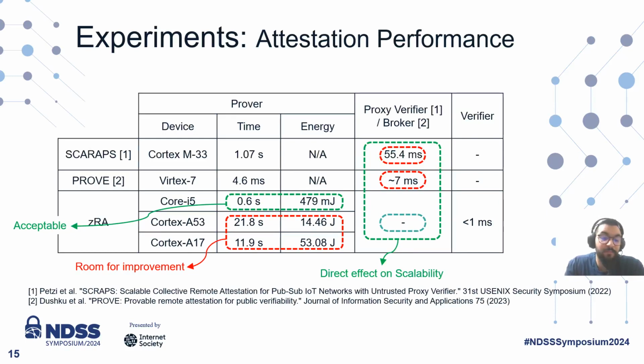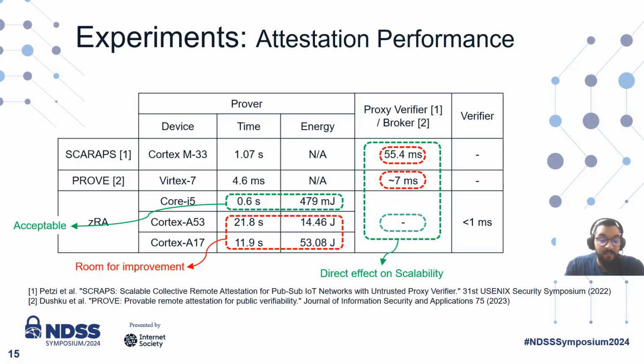So each device does this proof once per attestation. However, in the previous work, we have trusted parties such as the proxy verifier or the broker that have some sort of calculations or processing for each attestation per device that must be done by these proxy verifiers or the broker.